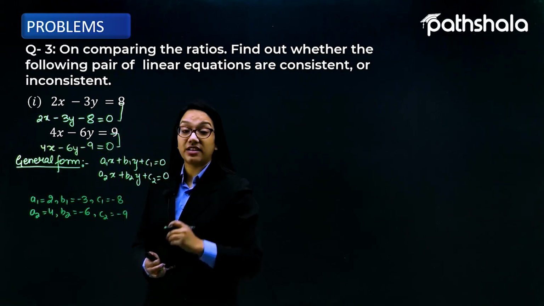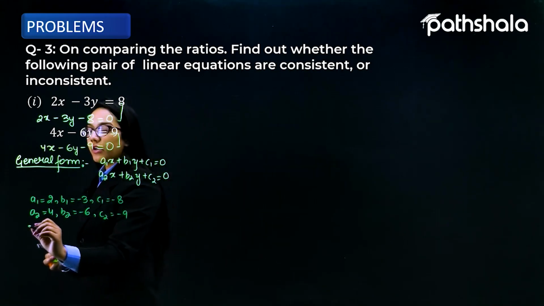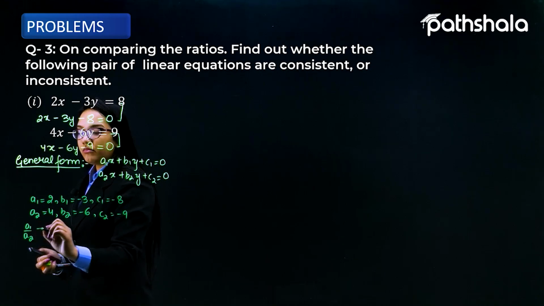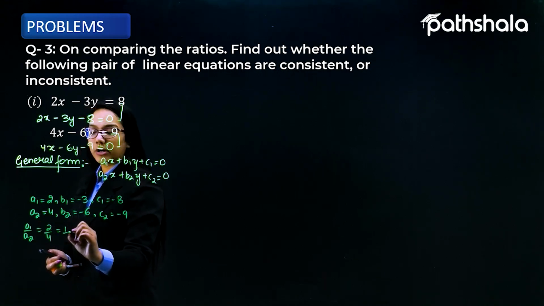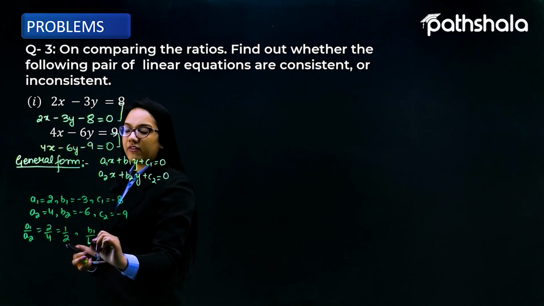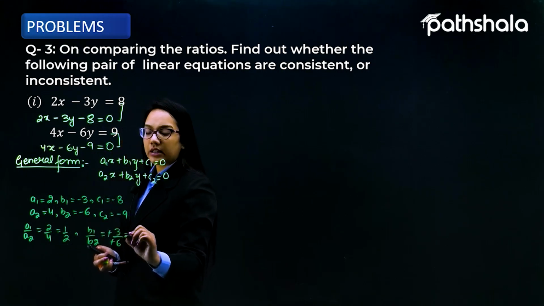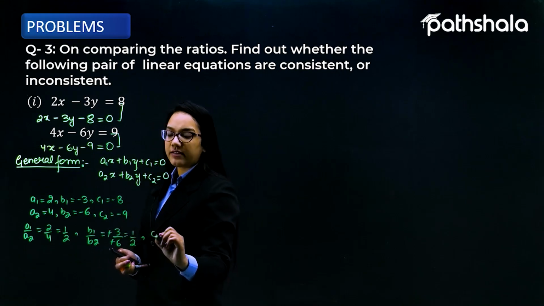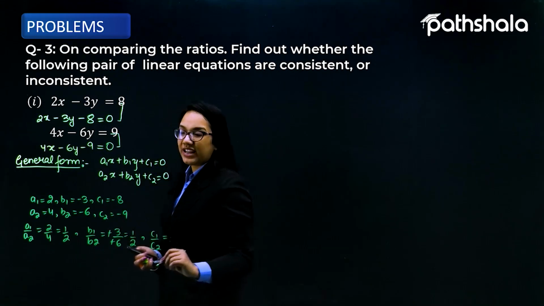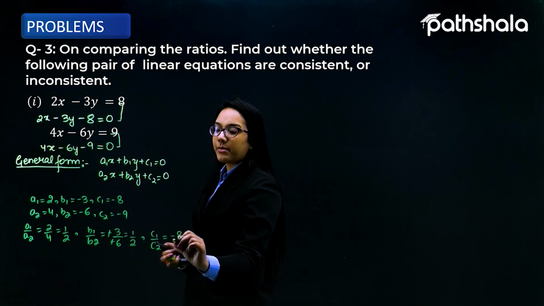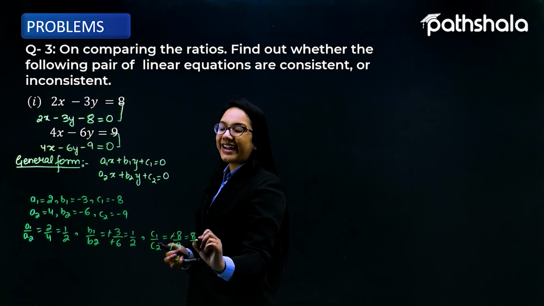First, let's take the ratio of a1 and a2. We have a1 by a2 as 2 by 4, which is half. Further, b1 by b2 is minus 3 by minus 6, which is again half. Further, c1 by c2 is minus 8 by minus 9. Negative and negative cancel each other, so this is 8 by 9.